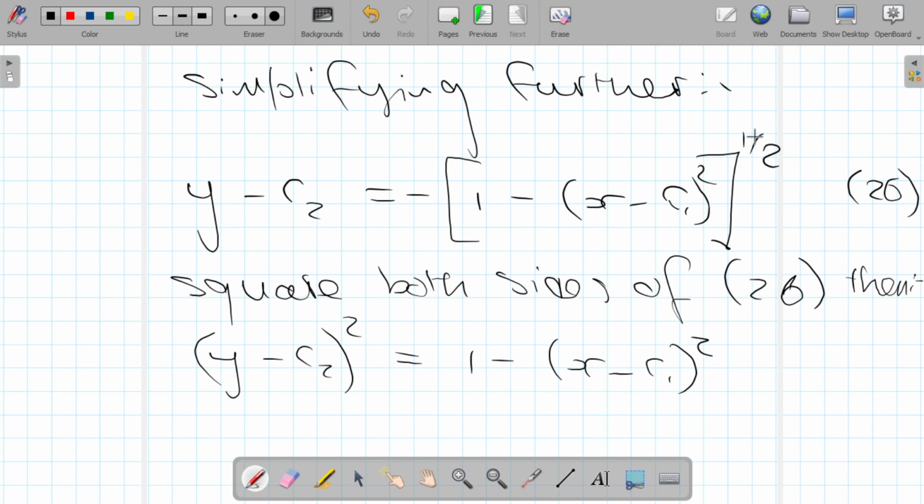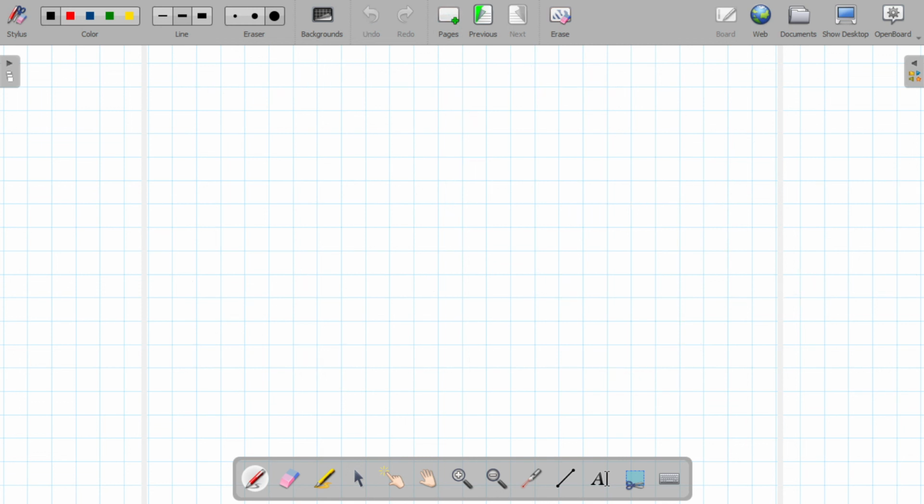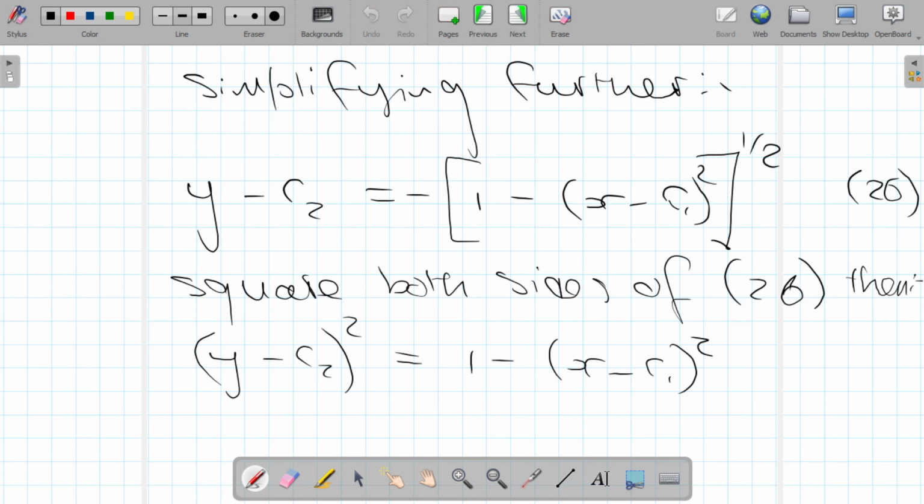If you square all of this bracket to the power of half, that half term just disappears because you squared both sides of equation 26. So, well, we can simplify equation 27 a little more.